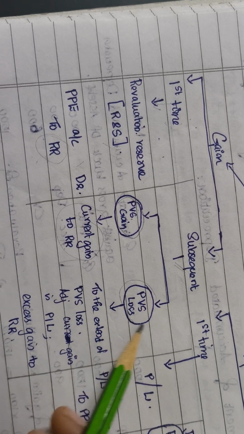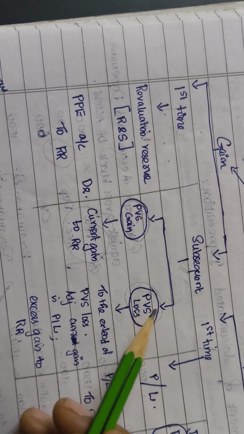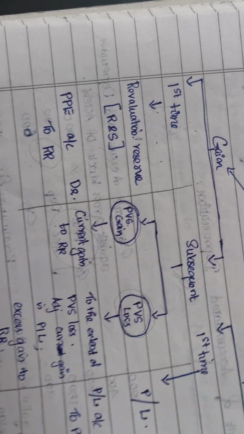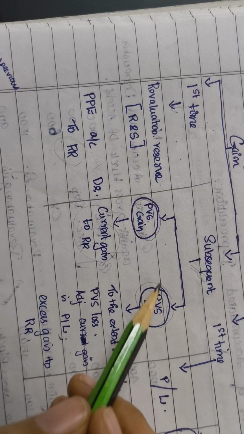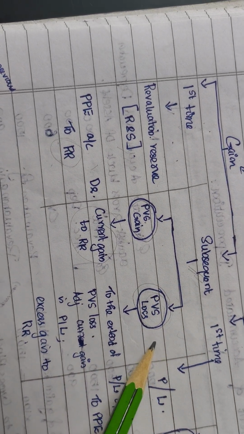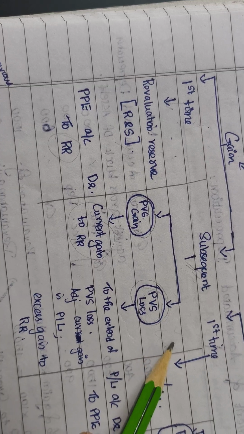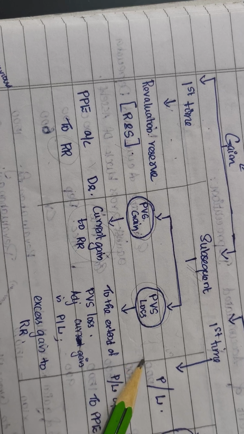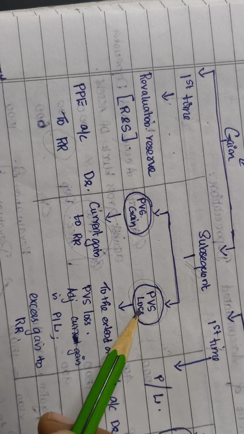But suppose previously there was a loss and subsequently, when we revalue next time, it becomes a revaluation gain. Then what will we do? Will we directly go to revaluation reserve? No. First we will adjust the loss.